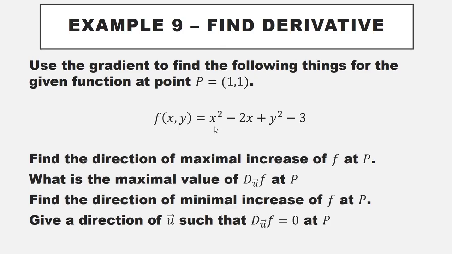With our function that we started with earlier, x squared minus 2x plus y squared minus 3, we are going to find the direction of maximal increase of the function at P, and the maximal value of the directional derivative at P. We're going to find the direction of minimal increase at P, and then we'll find a direction such that the directional derivative is 0 at point P. So we're going to find all 3 or 4 of those things.